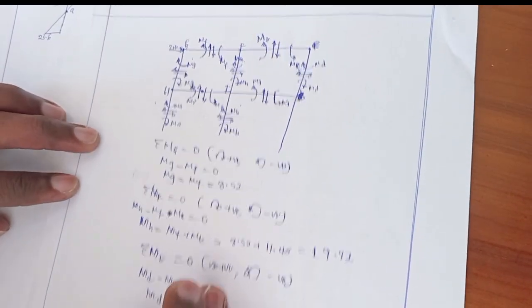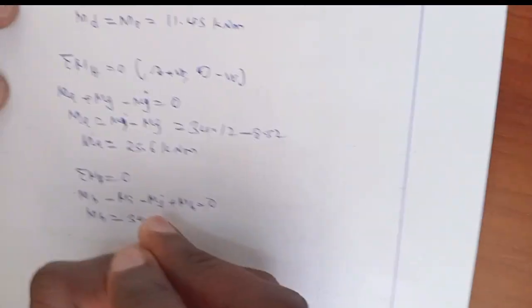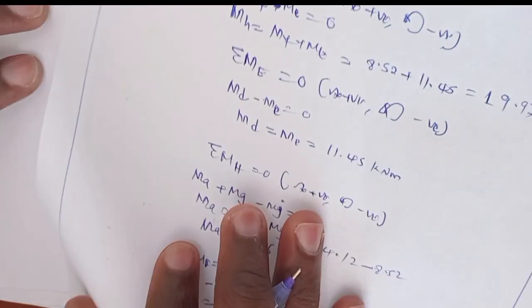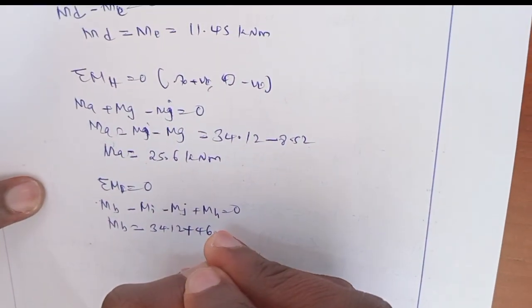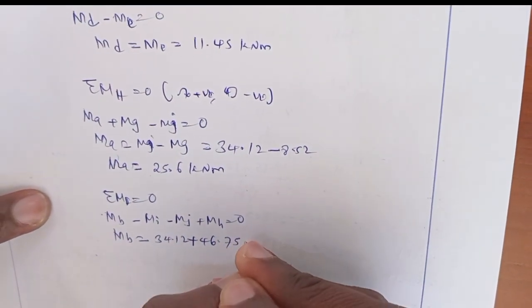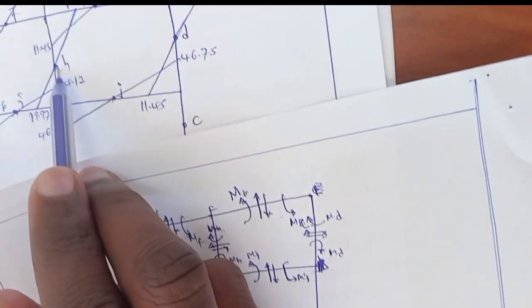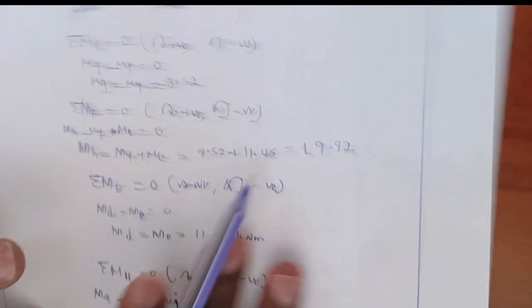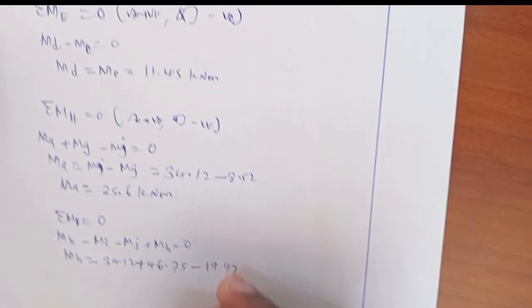MY is 34.12 plus MJ. MJ is 46.75 minus MH. MH is this one, 19.97.